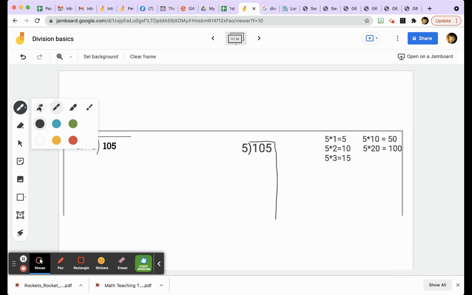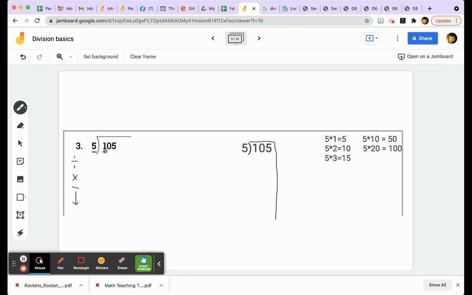Well, I'm going to take a look at using the standard algorithm first. And again, I'm going to write my steps. Divide, multiply back, subtract, and bring down. And I have 1 digit in my divisor. So I'm going to look at the first digit in my dividend.